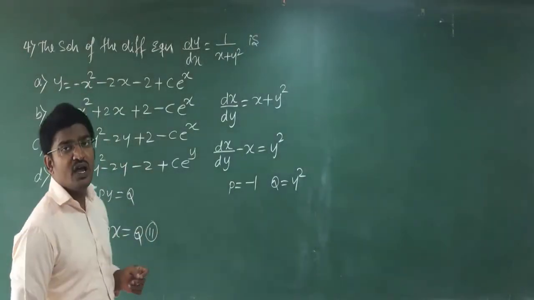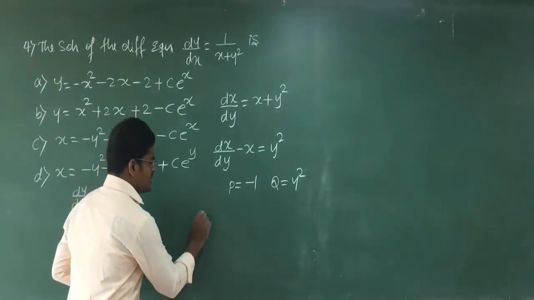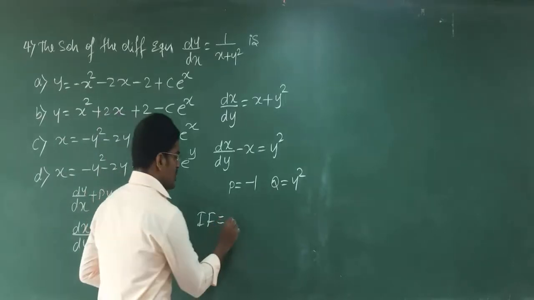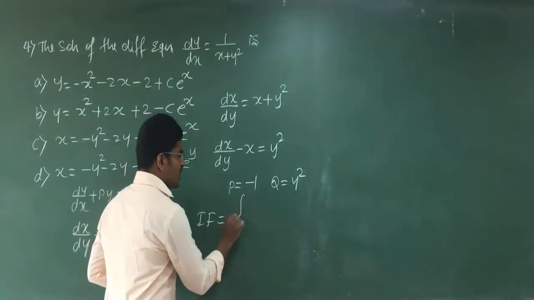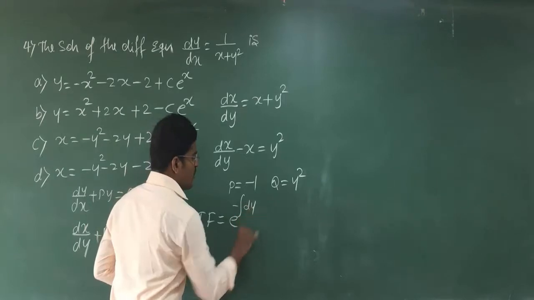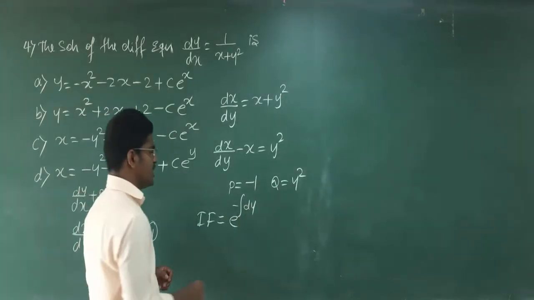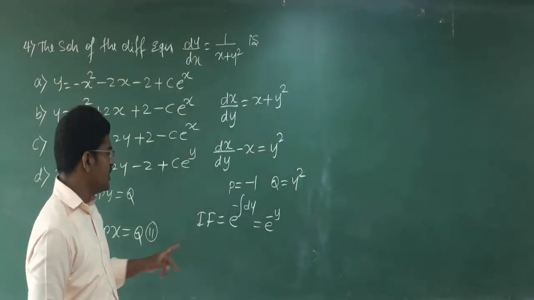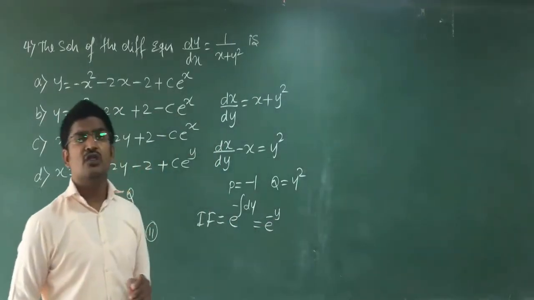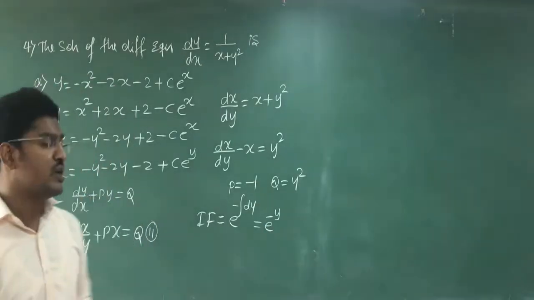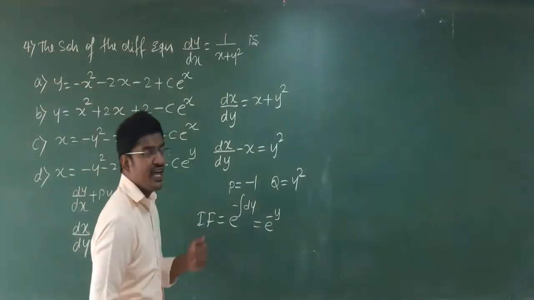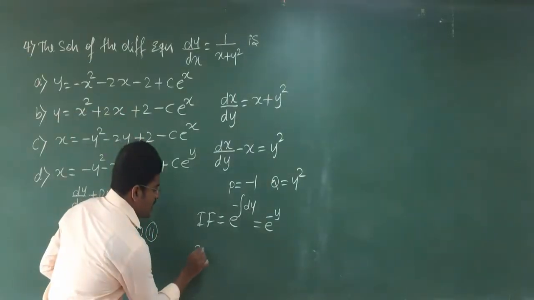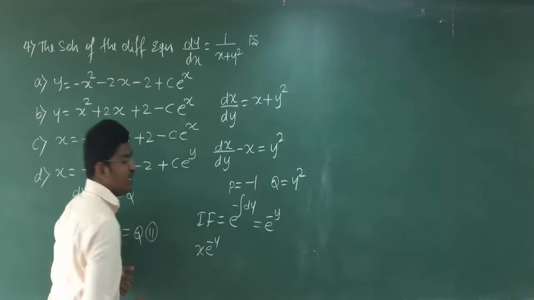So let us solve the integrating factor. That is IF, which will be equal to e to the power of integration of minus 1 with respect to dy, that is equal to e raised to minus y. Clear? So the integrating factor will be e to the power of minus y. Now using this IF, you have to simplify your differential equation, that is x into e raised to minus y.